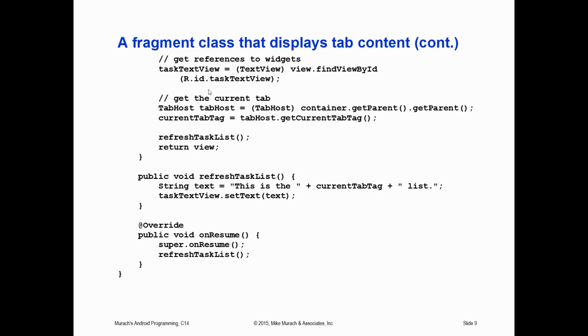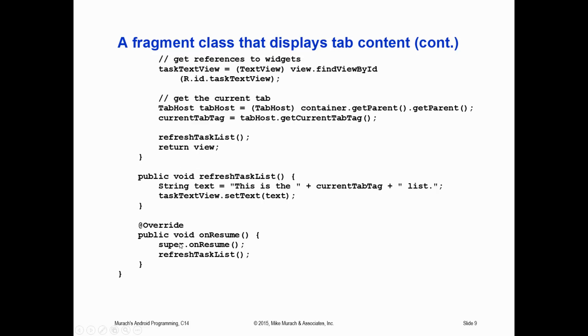Then we get a reference to the text view widget. Next, we get a reference to the TabHost object. After that, we use the getCurrentTab method to get the name of the current tab, and then we call the refreshTaskList method to display a message on the text view widget that includes the name of the current tab, which is done in here.